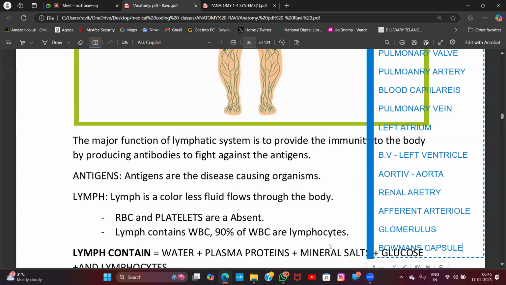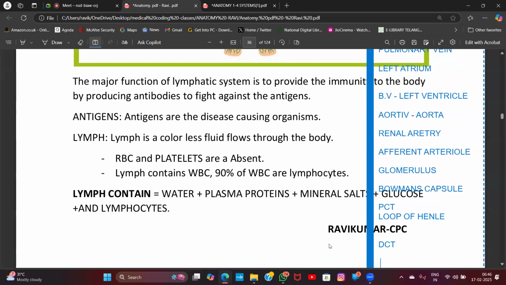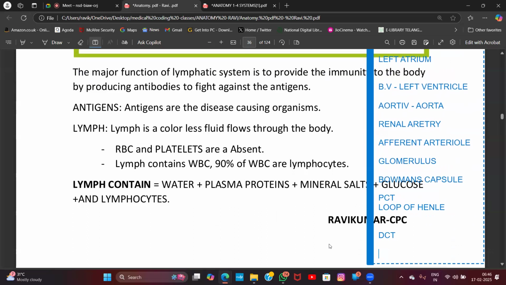Bowman's capsule leads to the proximal convoluted tubule, then the loop of Henle. First the descending loop of Henle, then the ascending loop of Henle, then DCT. DCT leads to the collecting duct.